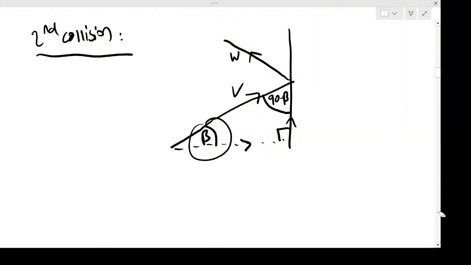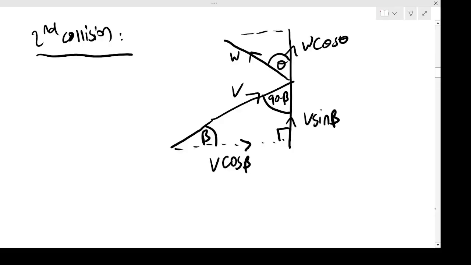I can just use the angle beta instead to get the components, V cos beta and V sine beta here. Hopefully you can see that. That's a little thing we can do to avoid having to evaluate a nasty angle, 90 take away beta. Then if I call this theta, that's going to be W cos theta and then W sine theta here.